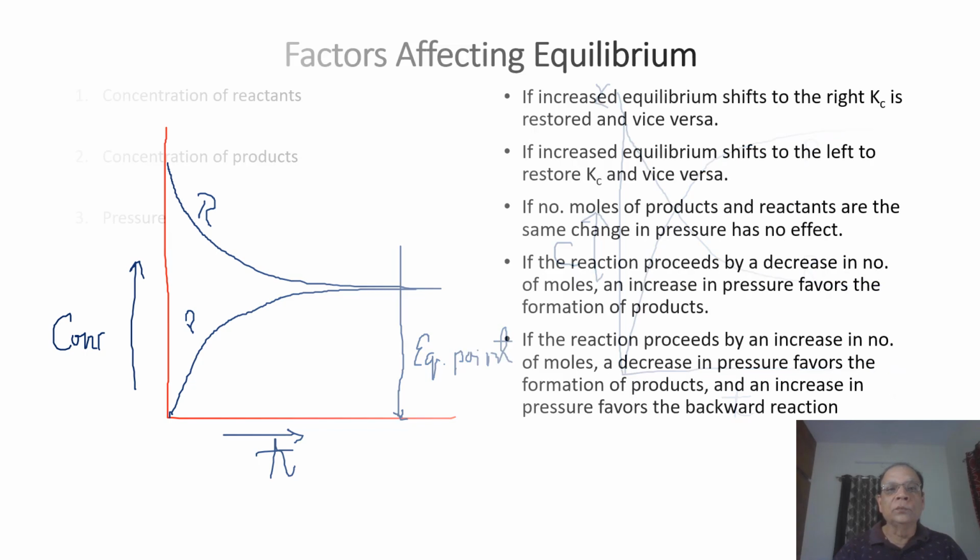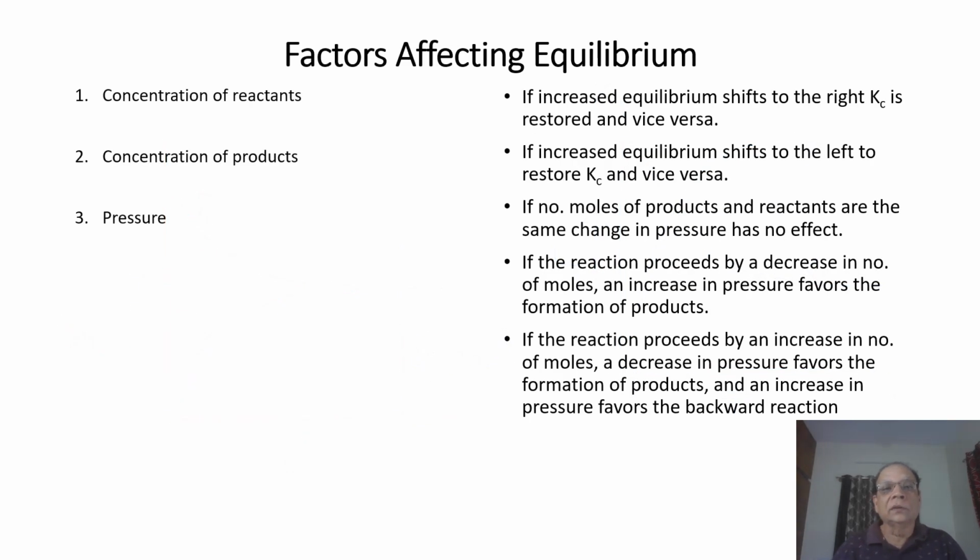Now, let us see the factors that affect equilibrium. Factors affecting equilibrium. Concentration of reactants. If increased, equilibrium shifts to the right, Kc is restored and vice versa.